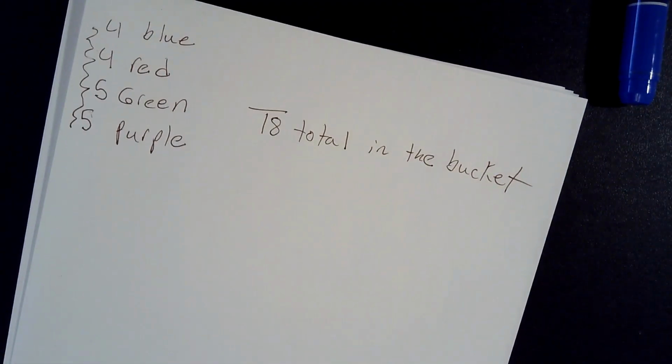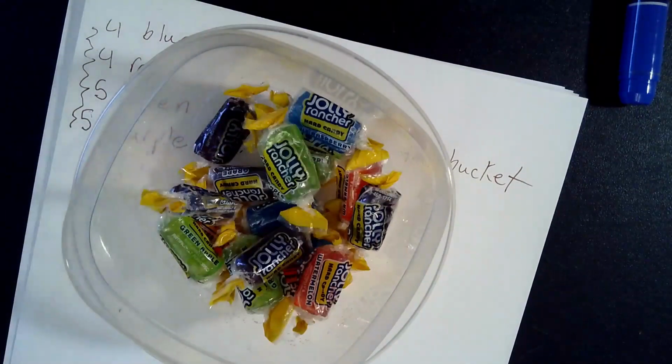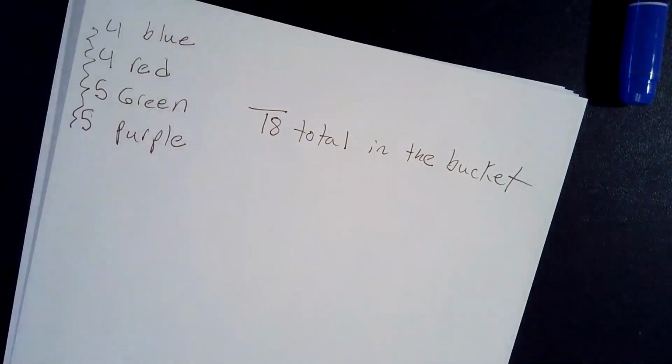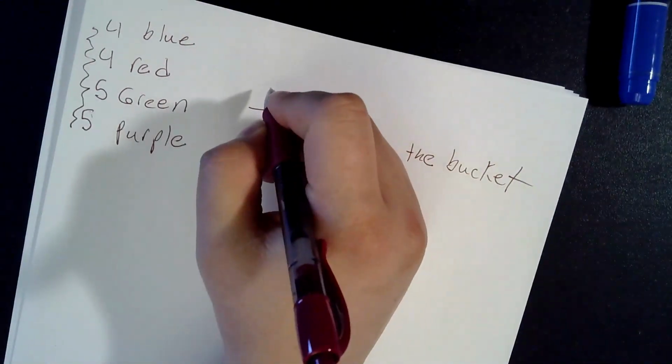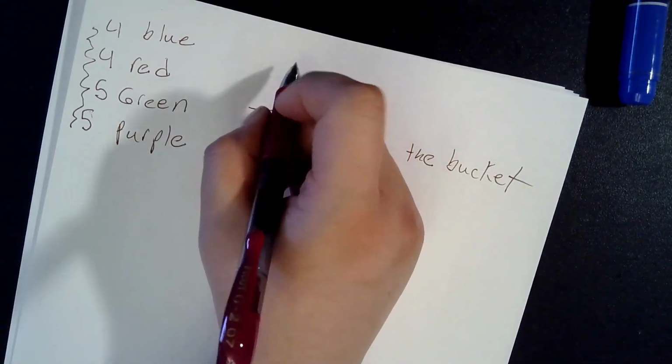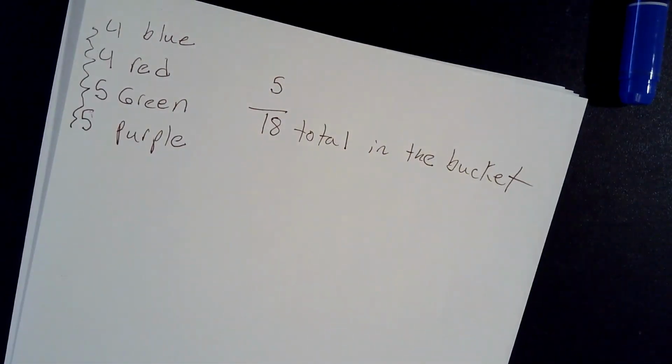Now I'm going to pull one more. Okay? I got a green. So I took that green out, right? So how many green do we still have in there? We have 5, right? So you're going to have a 5 out of 18 chance of pulling a green.